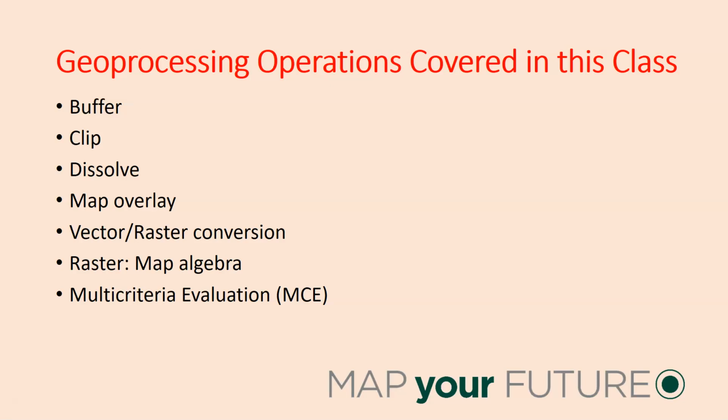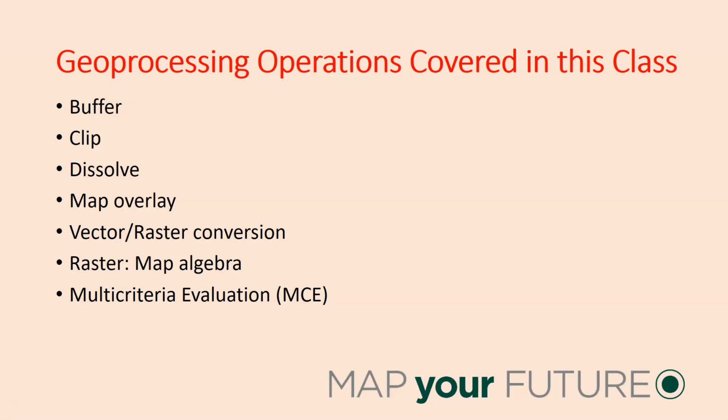And the model that I'm going to talk about is very simple. Therefore, that's why I am introducing it in this class. It's called multi-criteria evaluation, and specifically spatial multi-criteria evaluation, because we are going to deal with spatial data sets.